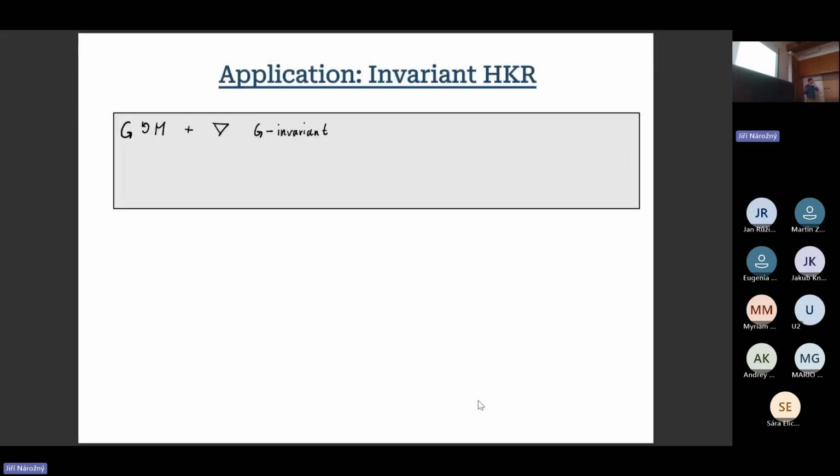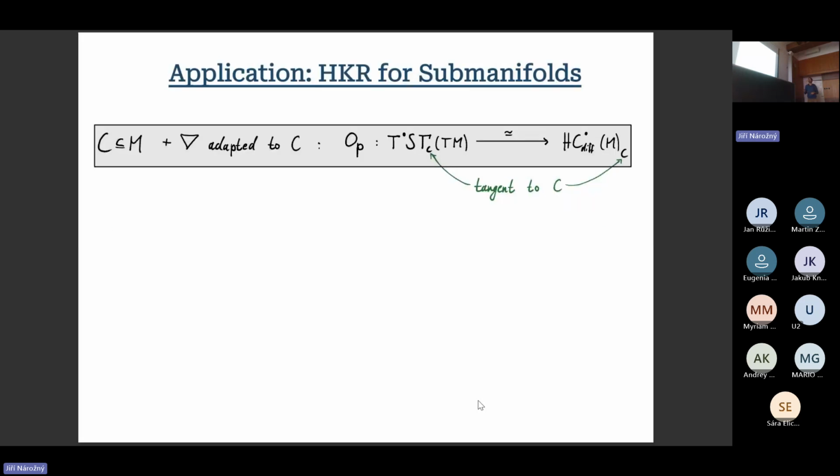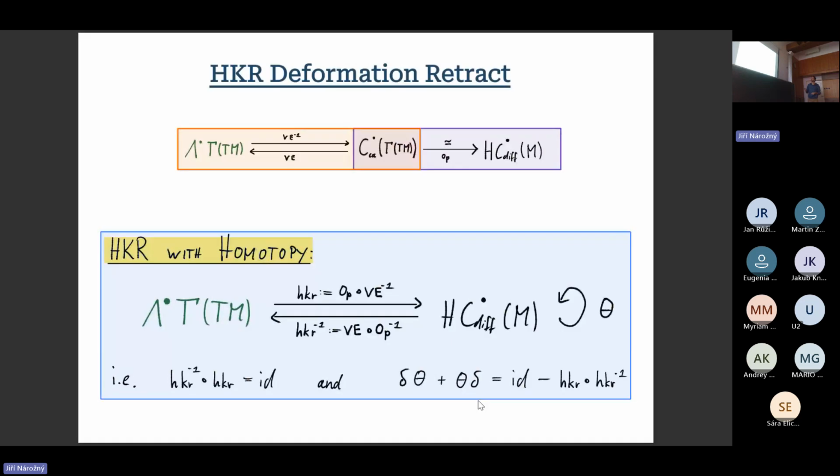So I only talked about the differential graded algebra structure, and I left out the Lie part deliberately, because we know in general this HKR map is not compatible with the bracket structure. You have the Gerstenhaber bracket on the one side, the Schouten bracket on this side, but this will not be a Lie morphism between these brackets.